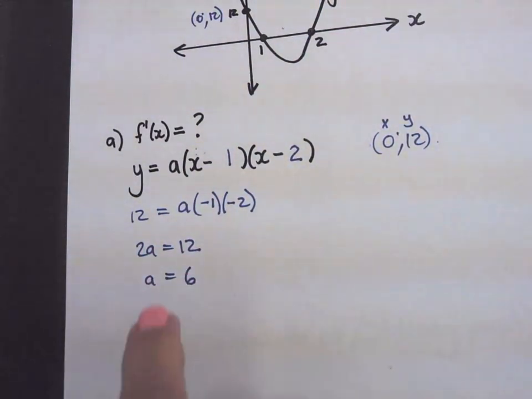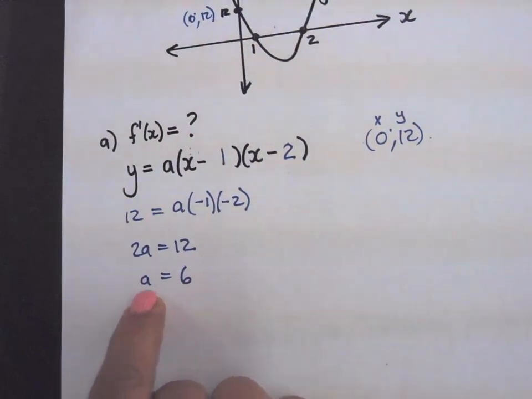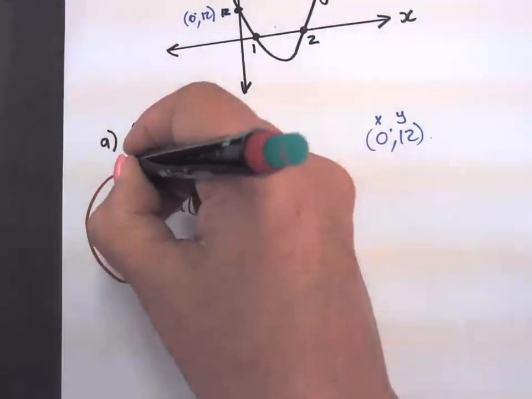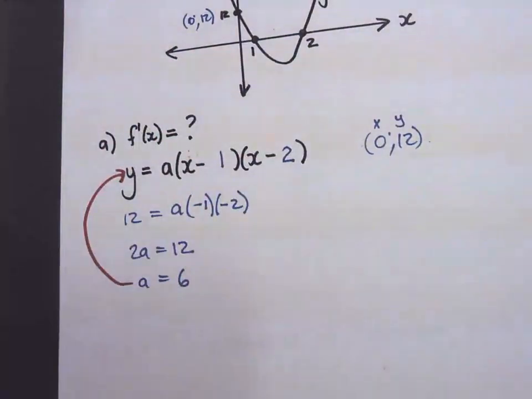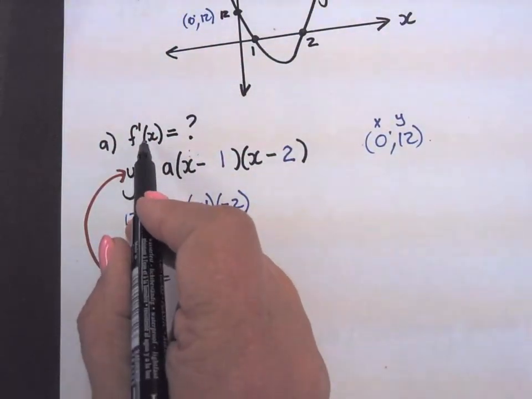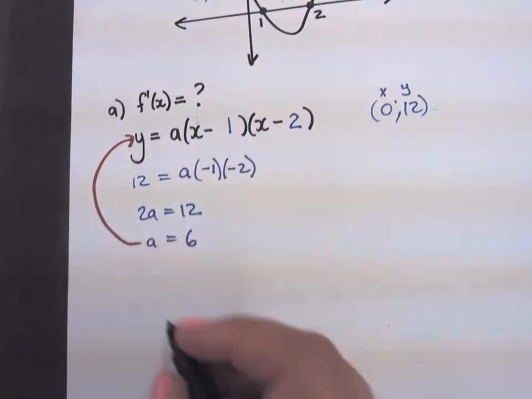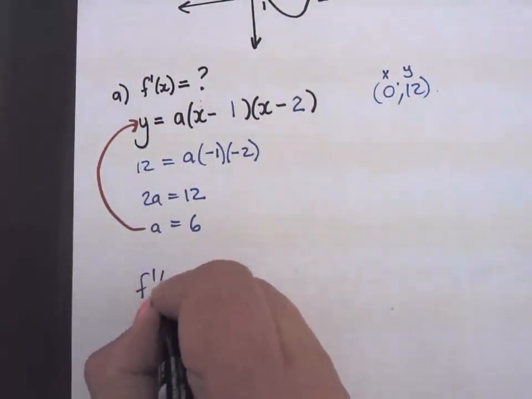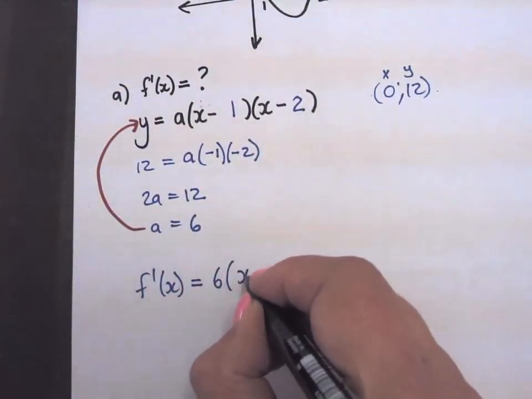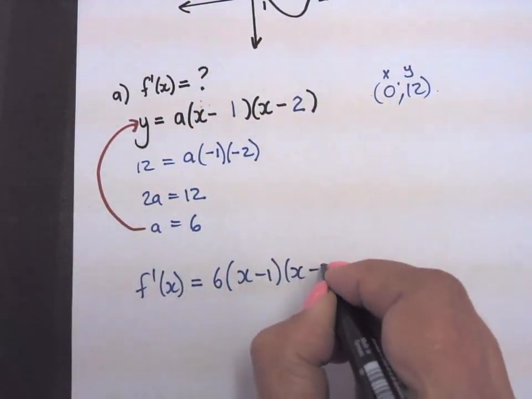Now you substitute this a back into the parabola of that format. But this y is actually f accent x. So we can say f accent x equals 6 x minus 1 x minus 2.